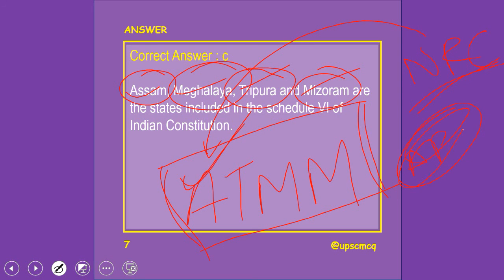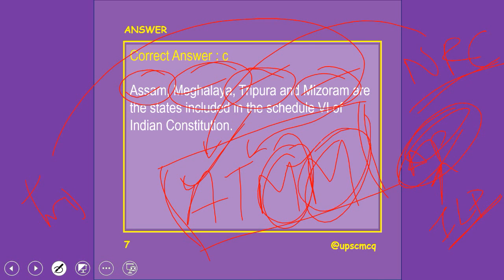Arunachal Pradesh has the inner line permit, which will be discussed in the next question. T: the only state in the northeast with T is Tripura. Now comes M and M. It could be Meghalaya, Mizoram, Manipur. Therefore, you have to remember that Manipur is not there, Meghalaya and Mizoram are there.